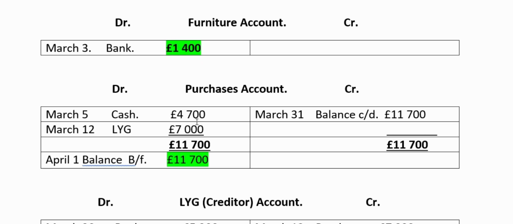So we have cash 4,700, and remember another purchase that was made on credit was from LYG, 7,000. So the total purchases for that month, whether cash was involved or it was bought on credit, are entered into the purchases account. So the total purchases we have now is 11,700, and the balances are shown herein.